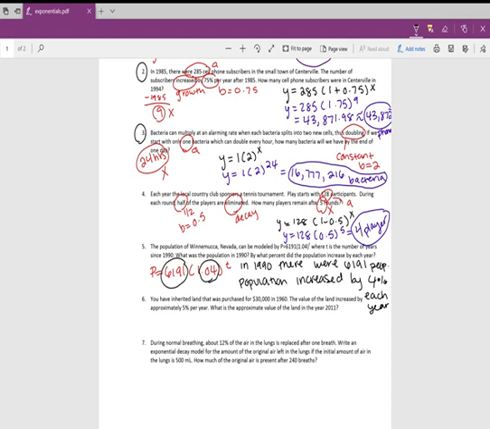Hey, this is what you should have got for number 6. You have inherited land that was purchased for $30,000 in 1960. The value of the land increased by approximately 5% per year. What is the approximate value of the land in the year 2011? Okay, so let's first go through and label everything.